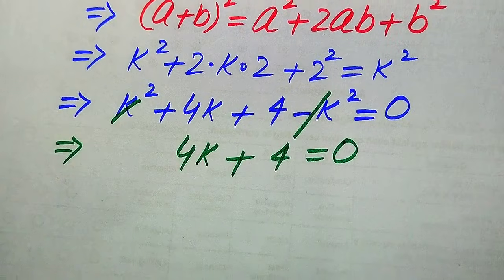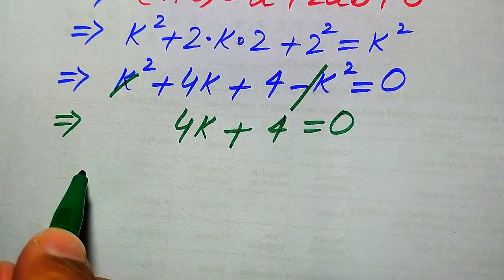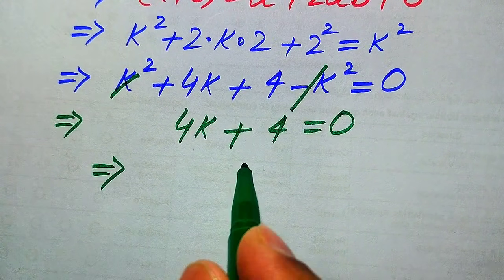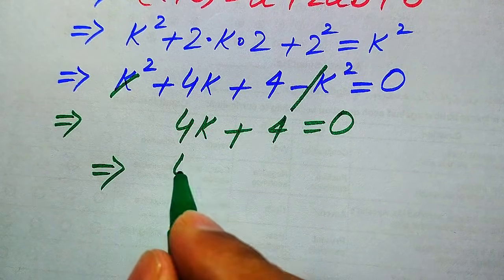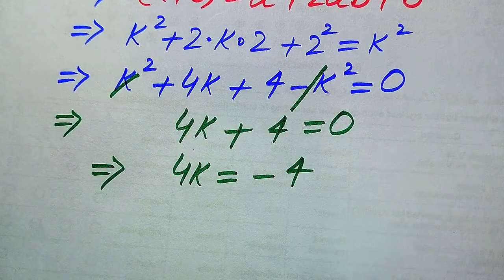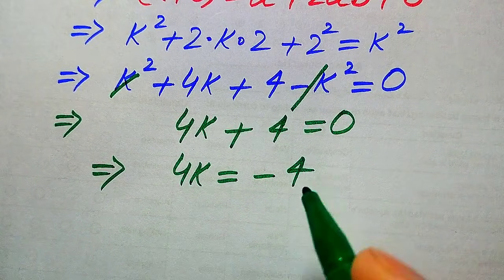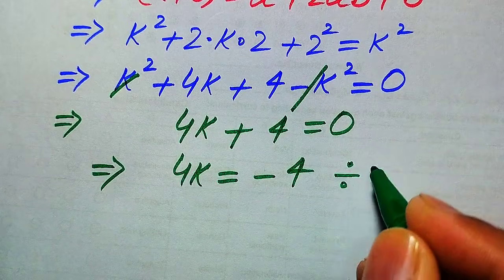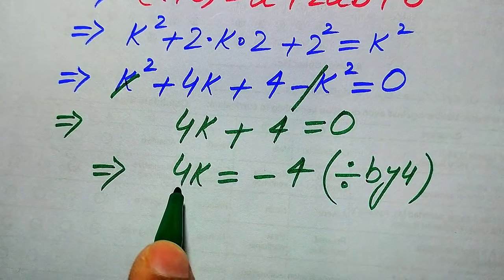Now we solve this problem for the values of k. For this we move all the other terms to the right hand side. This is a positive 4, so we move it to the right hand side and it becomes negative 4. Because our target is to find the value of k, we divide both sides by 4 in order to remove this 4.